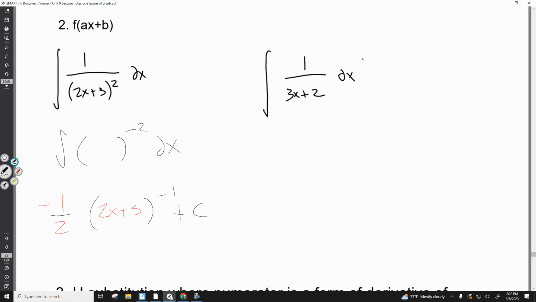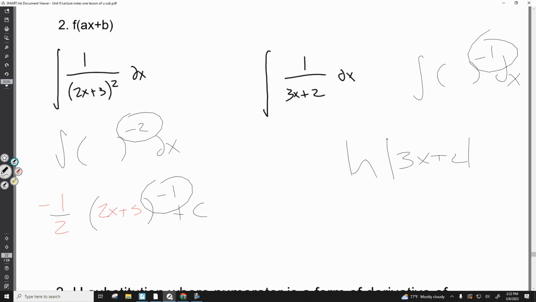For this guy, we have a negative first power. Don't forget, power rule works for every power except for this guy. Break out Mr. Log. Now, since the derivative of 3x plus 2 is just 3, we know we just need a 1/3. Right?